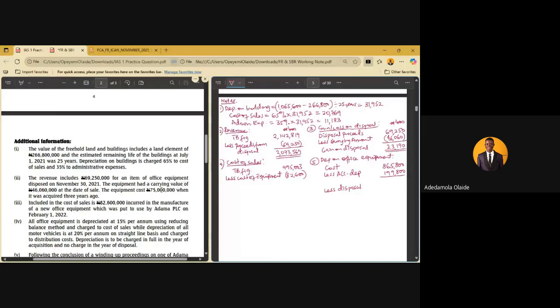The one disposed has the carrying amount of 46,060, since it's not to be depreciated for the year, since that's the year of its sale. What do we have? 666,000, right? Yeah. So we less the one disposed and add the acquired one. How much do we have?